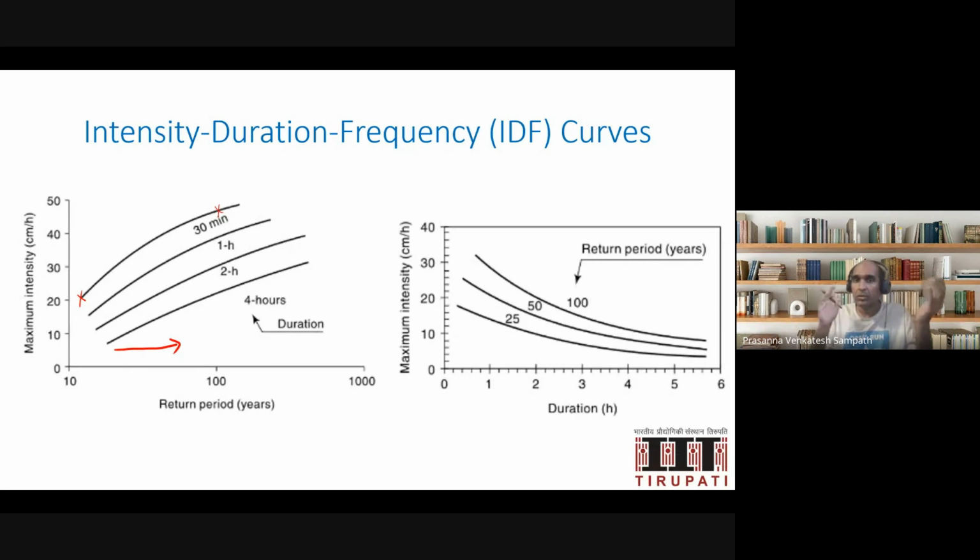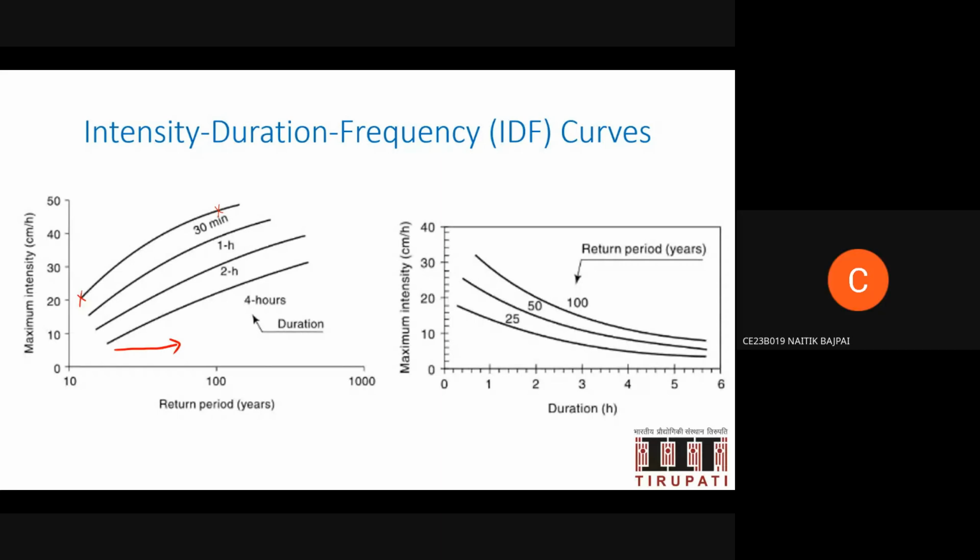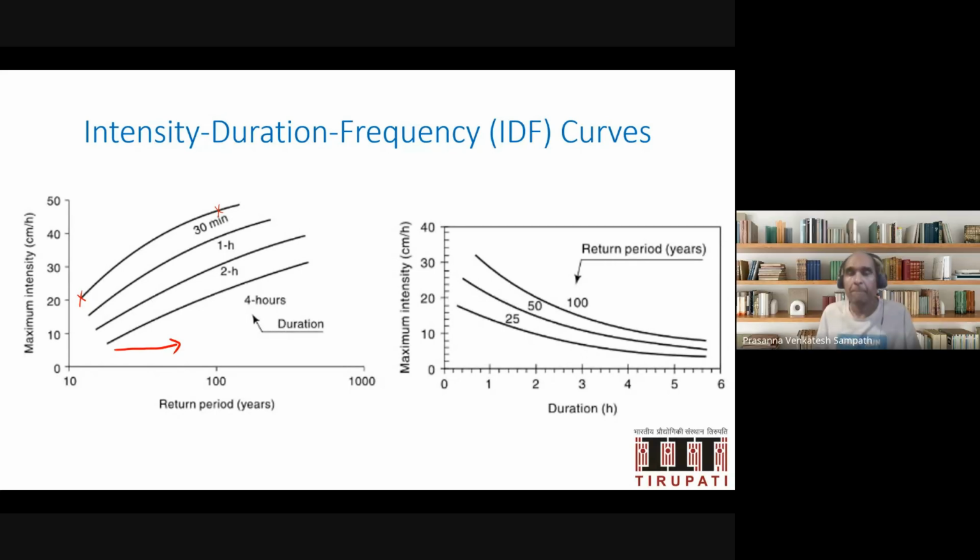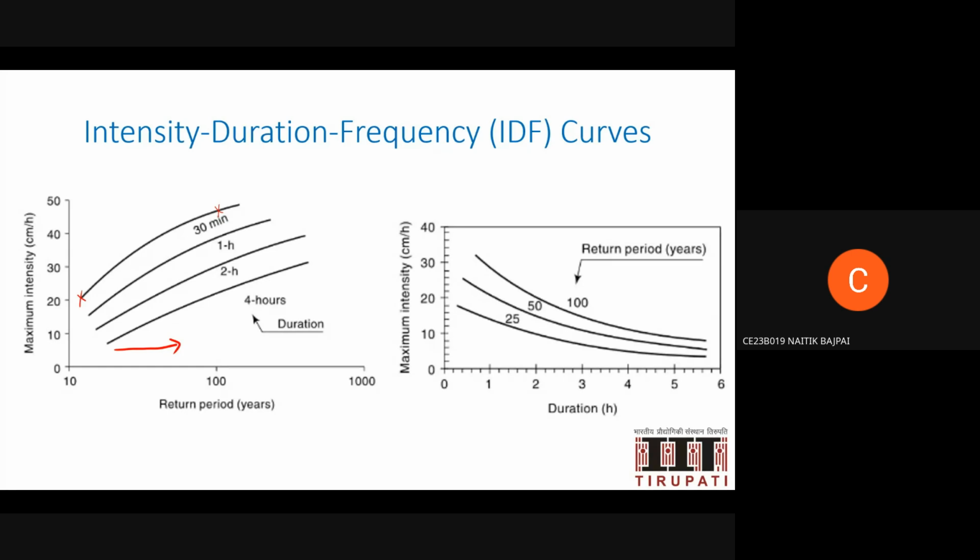Make sense? No? Netik, can you tell us if that makes sense? Yes, sir. It makes sense to you? Yes, sir. The high intensity storm will not be very frequent. So the return period is fine.